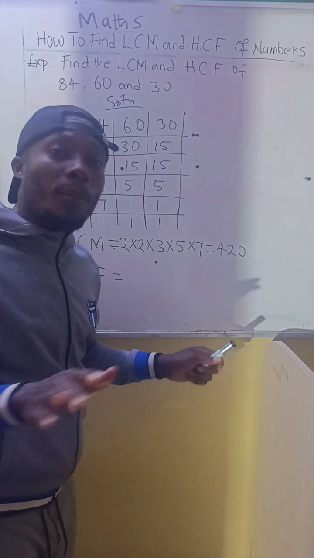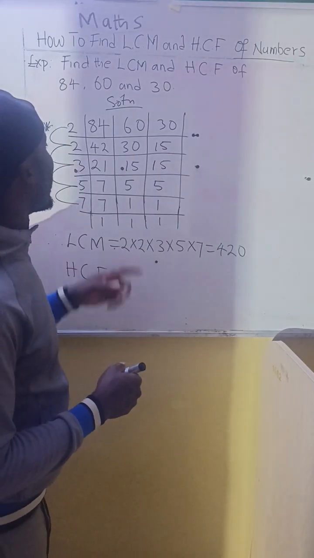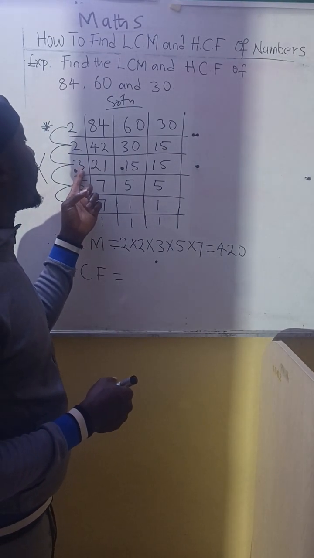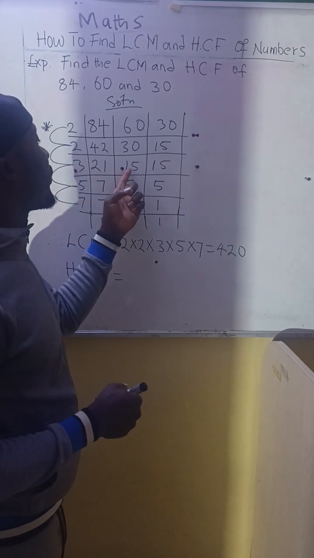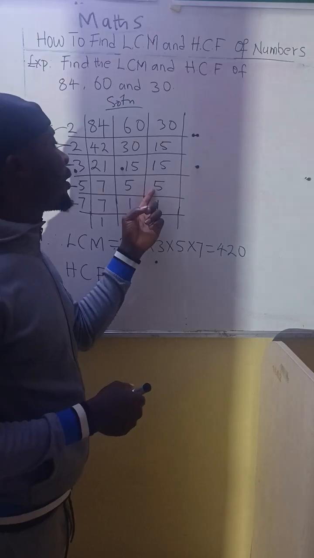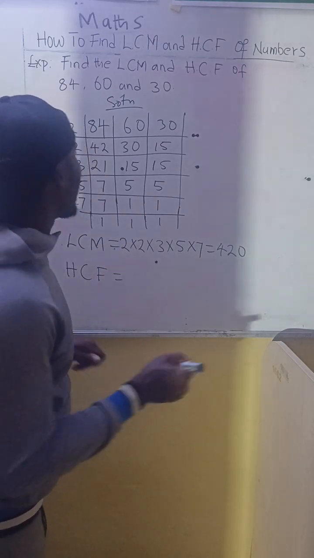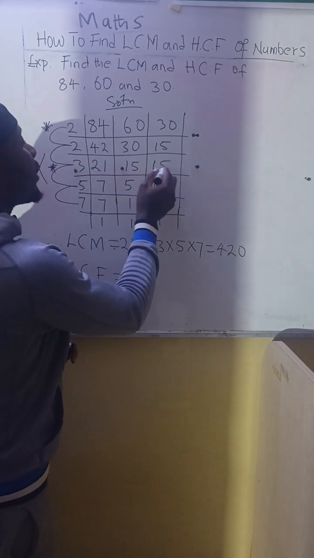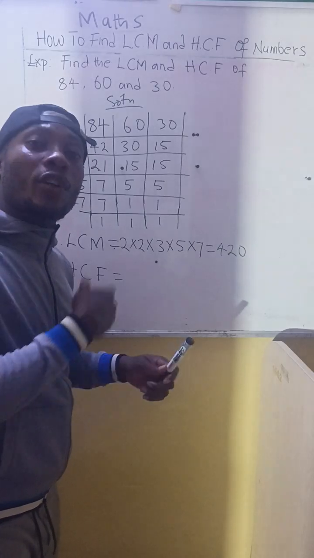It is not common, so we are not going to pick it. Again, 3 was able to divide 21, 15, and 15 without remainder. It means 3 is common because it was able to divide all the 3 figures in a row.